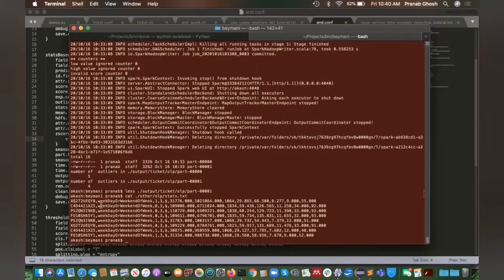You see there are 8 rows here. So the first one is the server ID, and the second field is telling me what kind of seasonality it has. So this one happens to be weekday or weekend. Then the rest are all stats. It calculates all kinds of stats like mean and standard deviation, min, max, and all that.